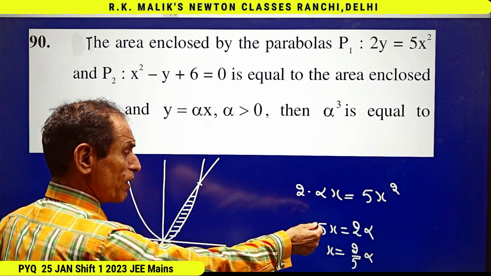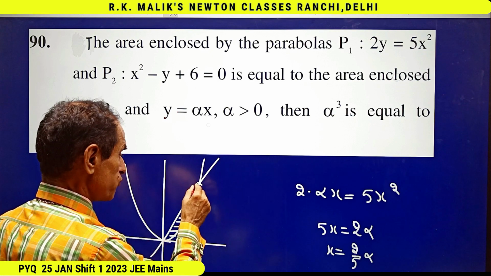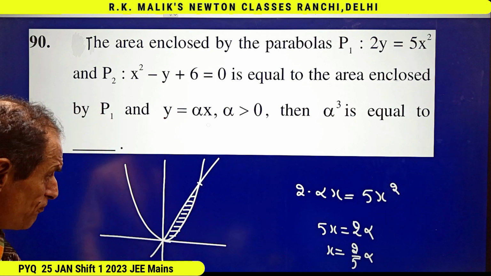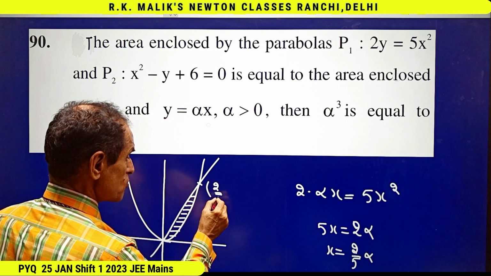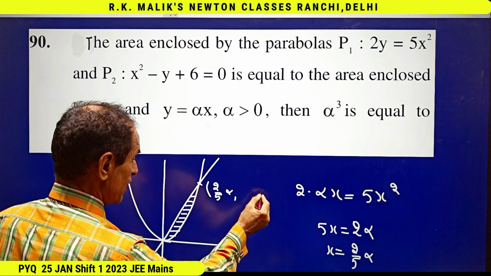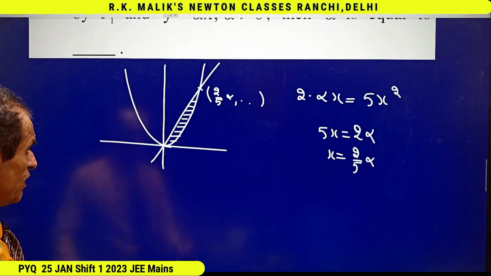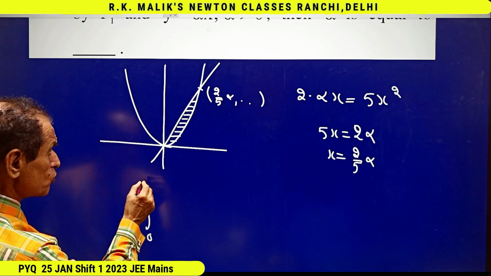Here I have divided by x, and division by x is allowed because for this point the value of x is sure to be non-zero. Hence we have got the x coordinate of this point as 2 by 5 alpha, and the y coordinate is not required.